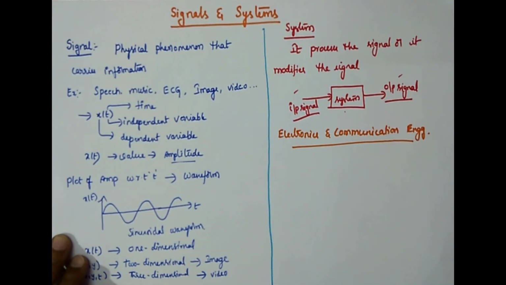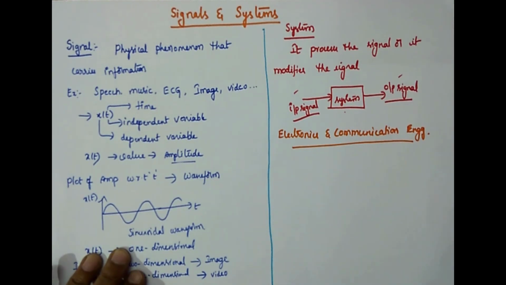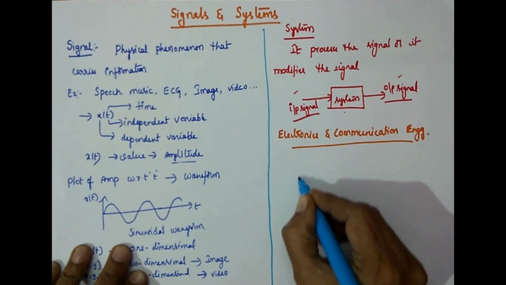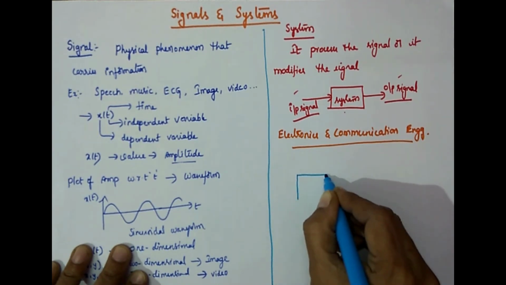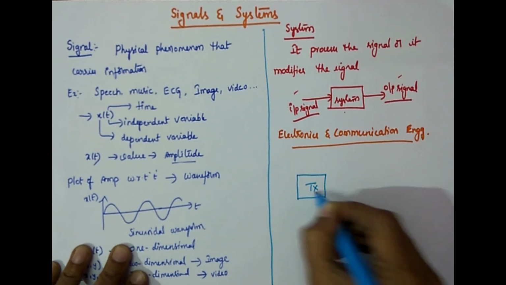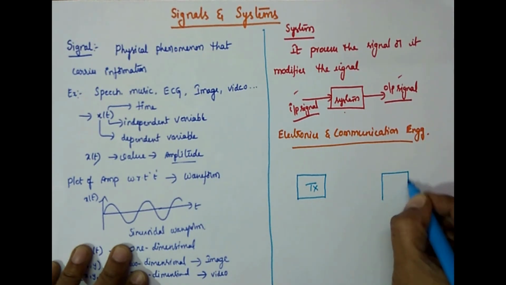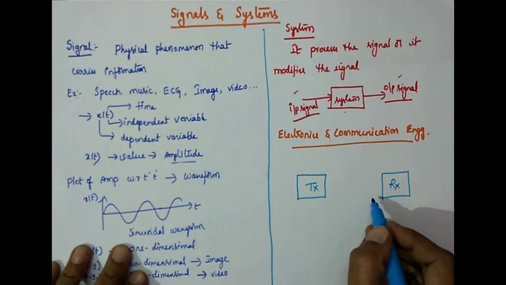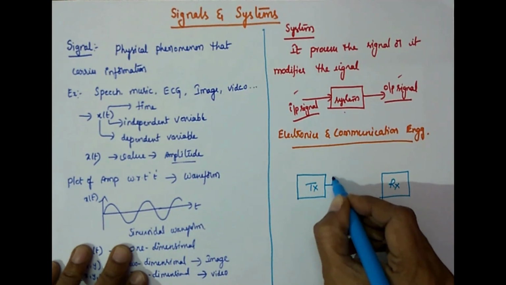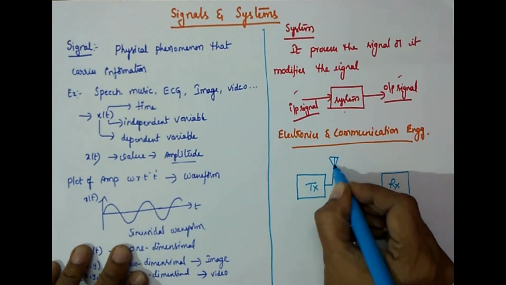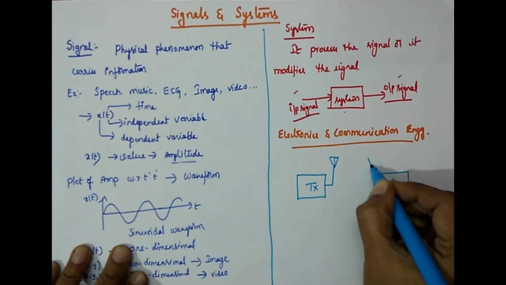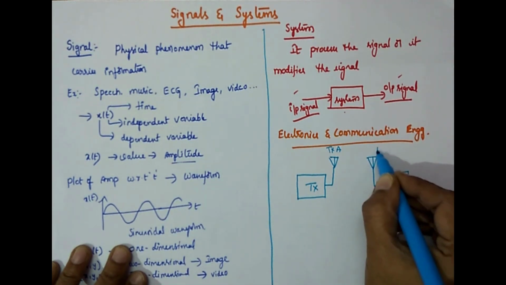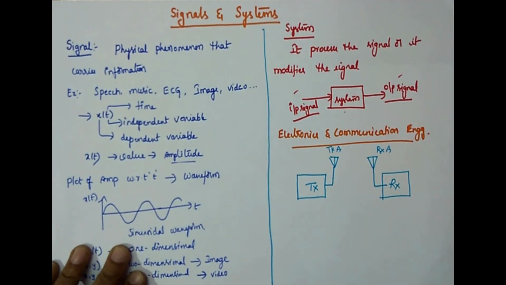Application. See, what is a communication system? It has a transmitter, it has a receiver. Between these two there exists a lot of free space, so an antenna is needed. This is the transmitting antenna and this is the receiving antenna.